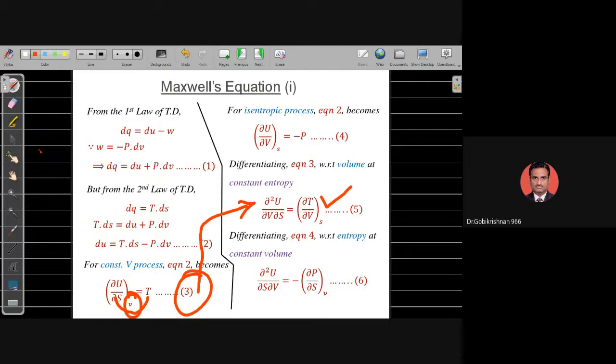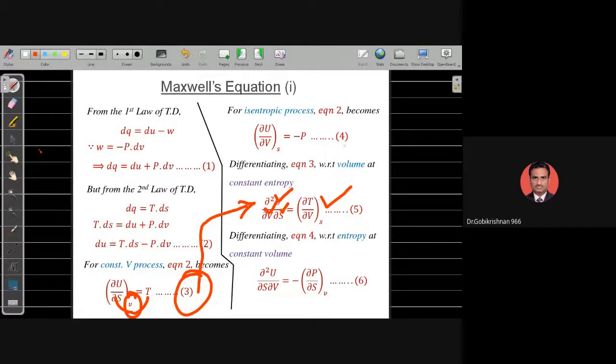I differentiated U with respect to V by keeping S constant, and both sides we have to differentiate. Therefore, on the right side I got the expression dou T by dou V at constant S, which is equation number 5.